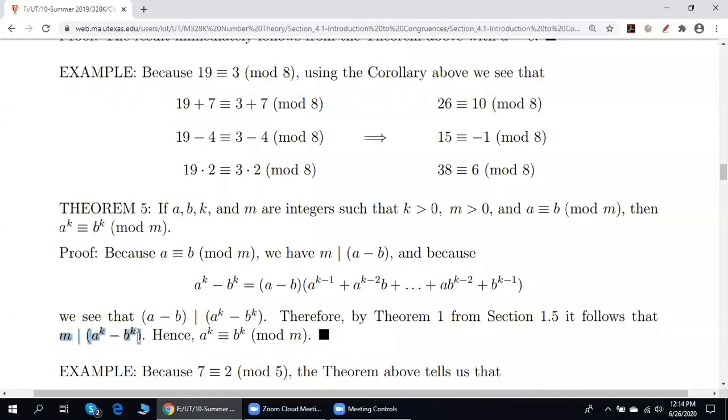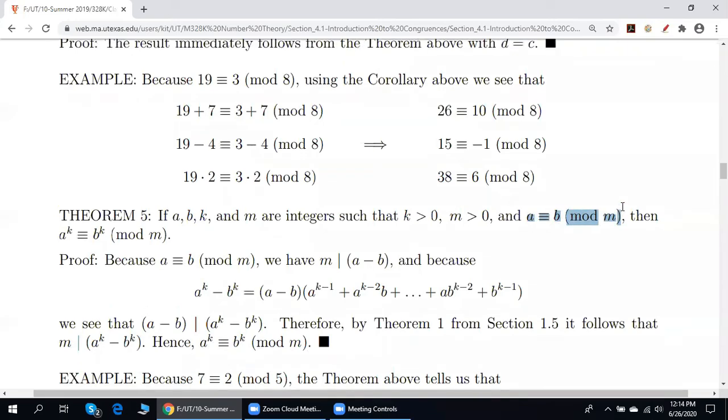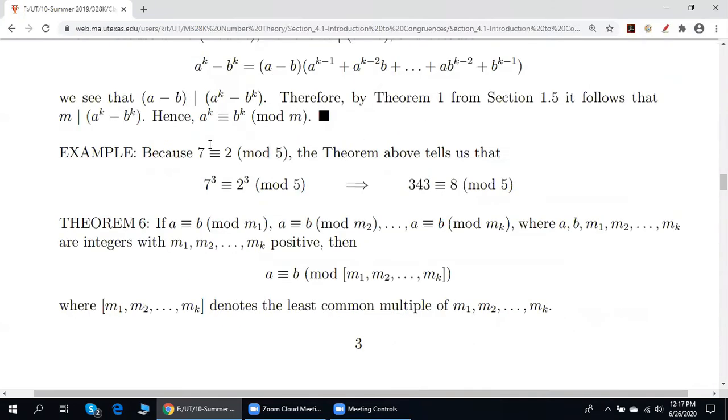It's exactly what is written here, means this. Another way to prove it is just to multiply this congruence with itself k times. We'll get this. Example, 7 is congruent to 2 modulo 5. Therefore, 7 cubed is congruent to 2 cubed modulo 5.